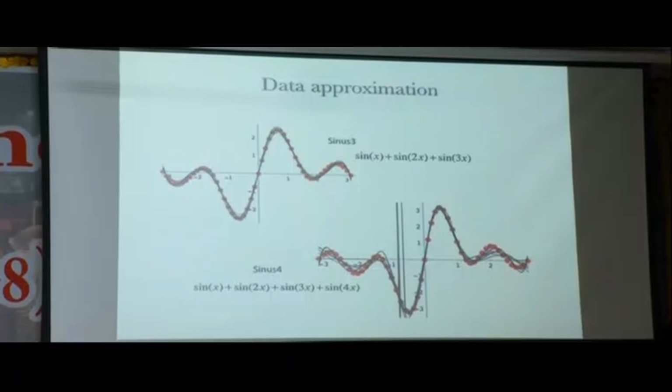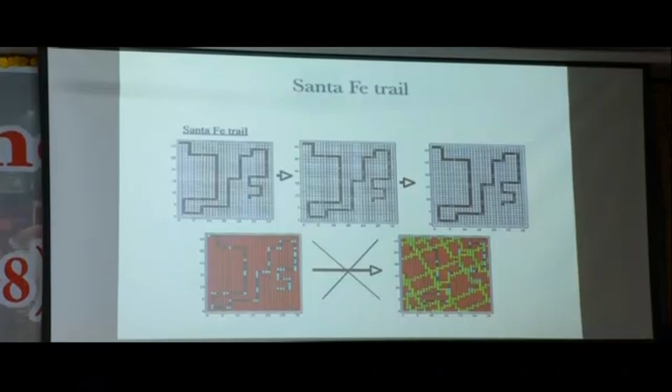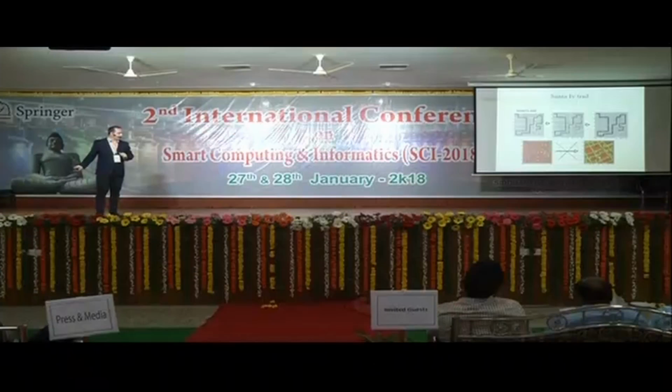For example, this is data approximation, so you can synthesize mathematical formulas to fit some measured data. You can also synthesize a set of commands for an autonomous robot to, for example, fly over a trail where there is some food or traps, and this benchmark is the typical Santa Fe trail.